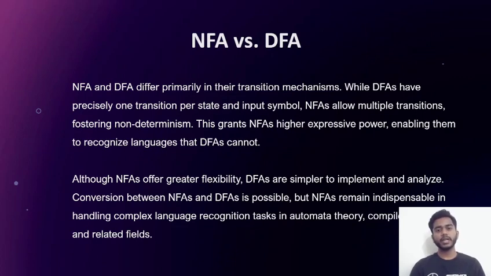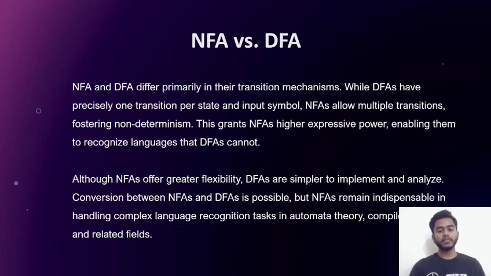So let us discuss and differentiate NFA versus DFA, where NFA stands for non-deterministic finite automata and DFA is for deterministic finite automata. Both NFA and DFA differ primarily in their transition mechanisms. While DFAs have precisely one transition per state and input symbol, NFAs allow multiple transitions, fostering non-deterministic states. This grants NFAs higher expressive power, enabling them to recognize languages that DFAs cannot.